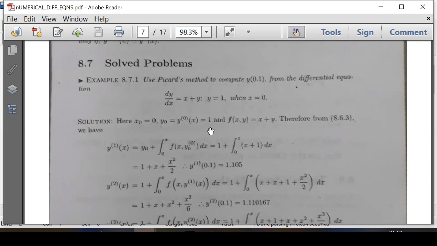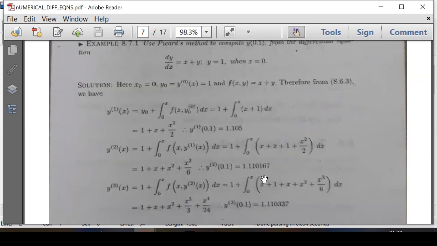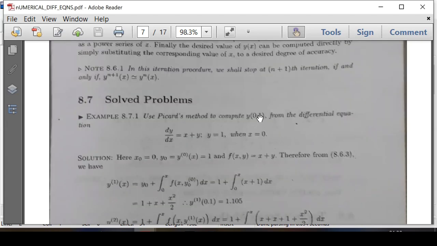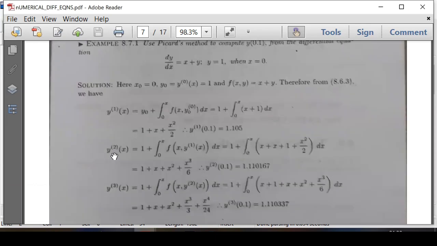And x was already there, so x plus y is now replaced by x plus 1 plus x square by 2 within the integration sign. You perform the integration, and the expression at the second iteration stage is ready. Now you put again the same value 0.1, and you calculate the second approximation. So this is how we move on.